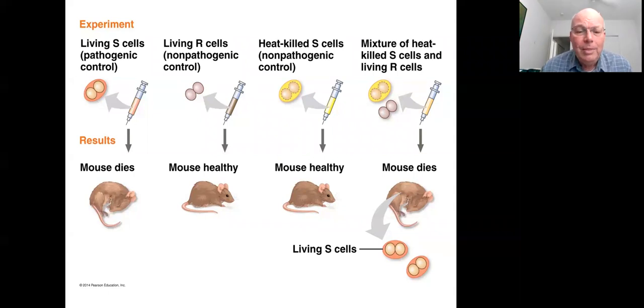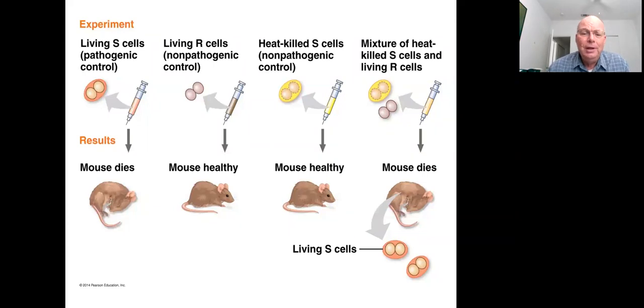And he further had the insight that what must have happened is that those living R cells had taken something up from the dead S cells that had transformed the living R cells into living S cells. Now, he went one step further, and here he kind of stuck his neck out, because he didn't really have any evidence for this, but he had a fairly good background in biochemistry.